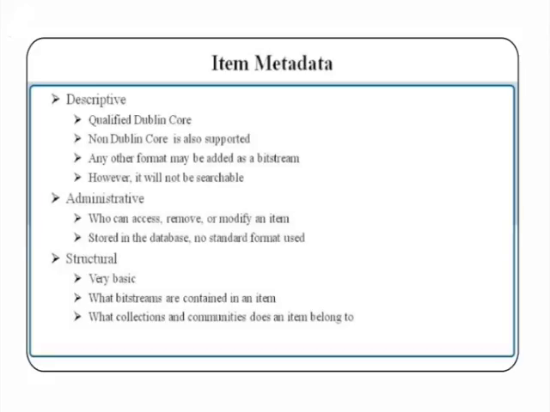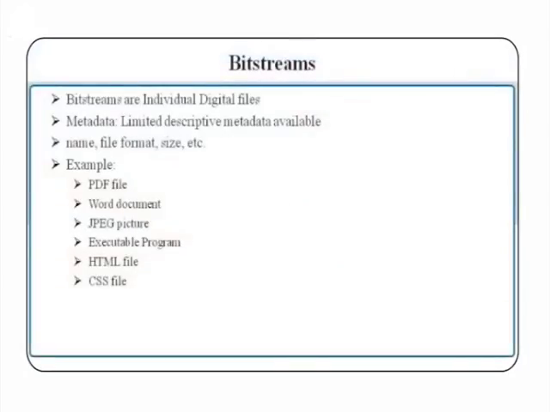For example, what are the bit streams contained in an item, or under which community and collection that item belongs to. Bitstreams are individual digital files which have limited sets of descriptive metadata like name, size of the file, format of the file, etc.